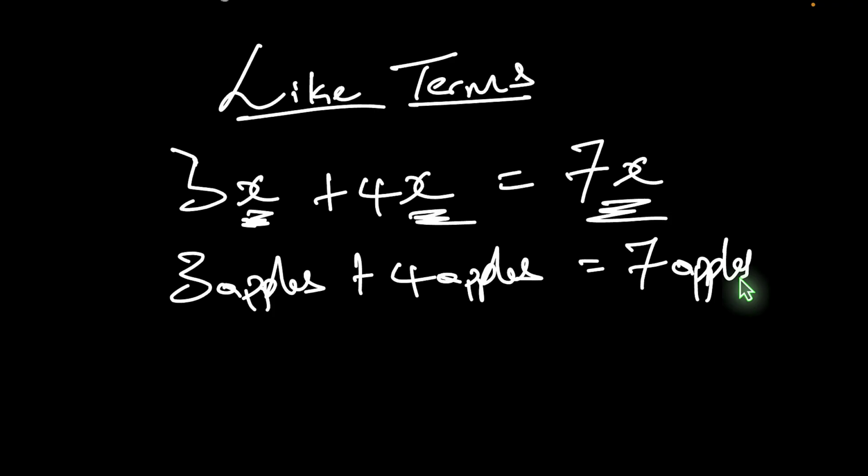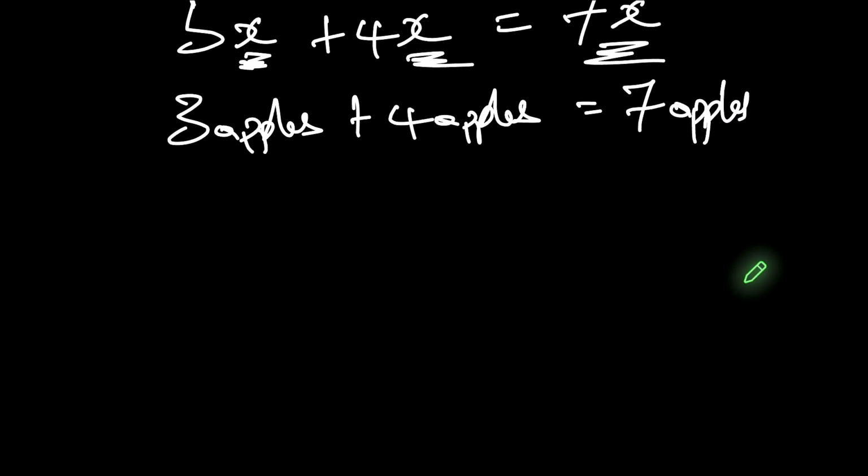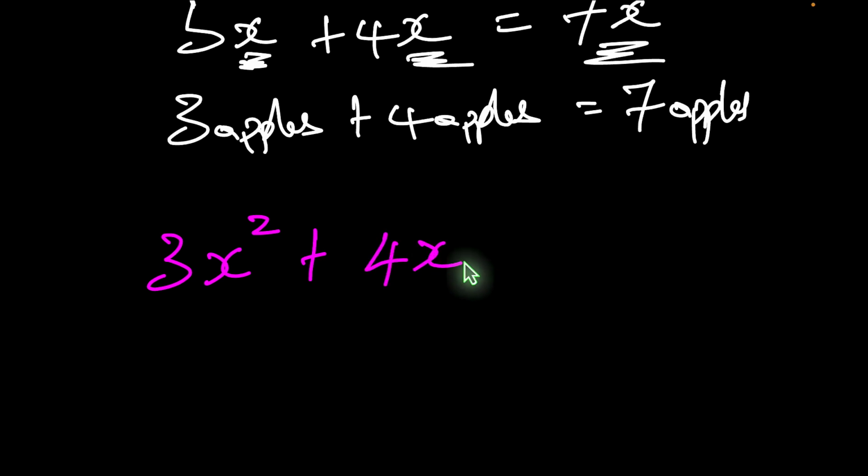Now, in order for terms to be like terms, it's not just x we have. Let's say, for instance, it was 3x² + 4x. This is where raised to the same power comes in, because this one is 3x to the power of 2, whereas this one, the power technically is 1.